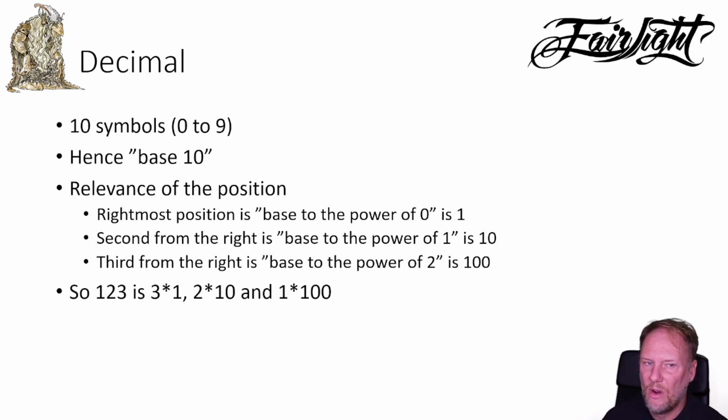The symbols are 0 to 9, so 1, 2, 3, 4, 5, 6, 7, 8, 9, and then the 0. When we run out of dedicated symbols, we also have a way to express something which is bigger than 10. Then we use positioning: we put 2 symbols there, and the position of them is relevant for the number we are trying to express.